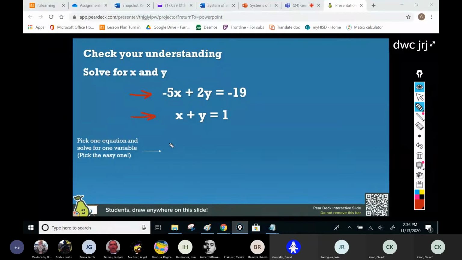You will probably want to do the second equation, and it doesn't matter if you want to solve for x or y. In this case, they are pretty much the same. Neither variable is going to give you an advantage. So you can pick either x or y. Just solve for one variable.